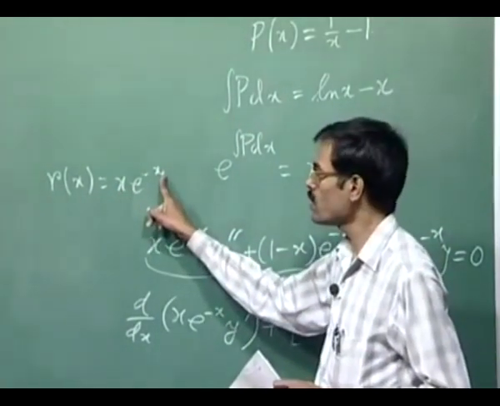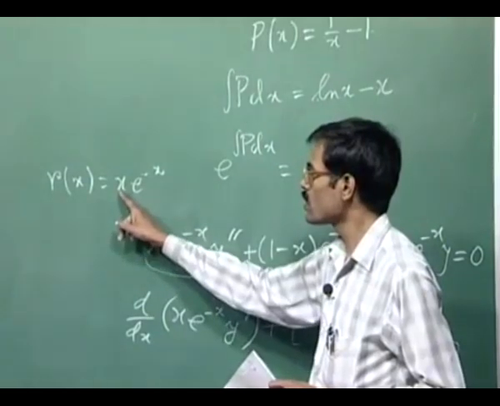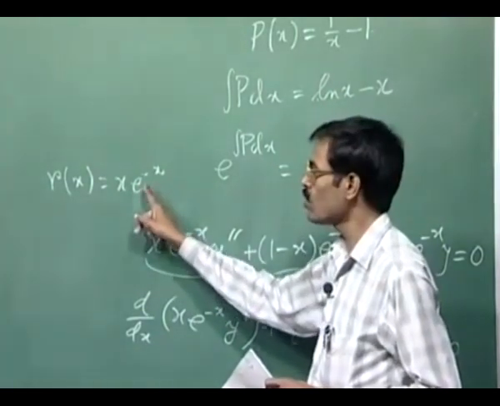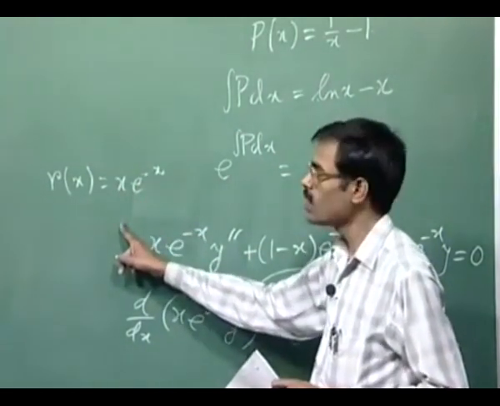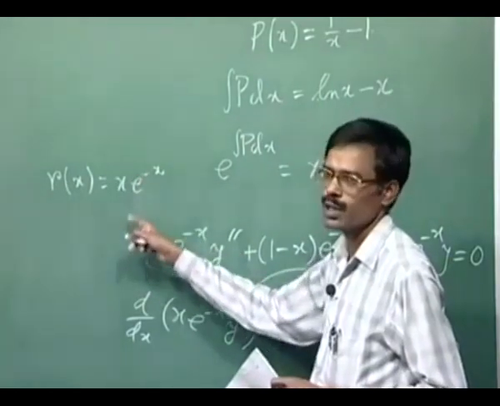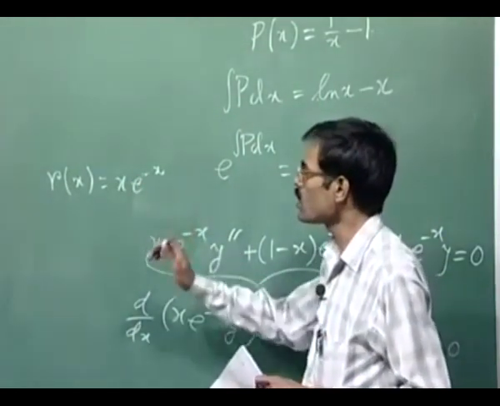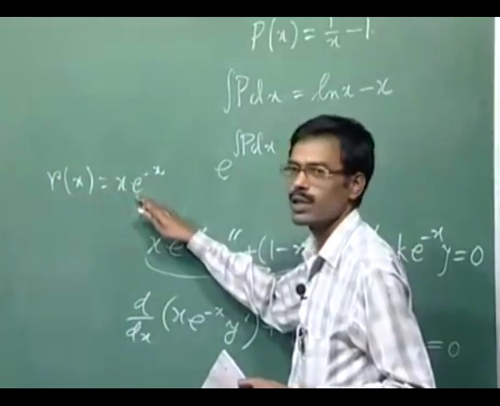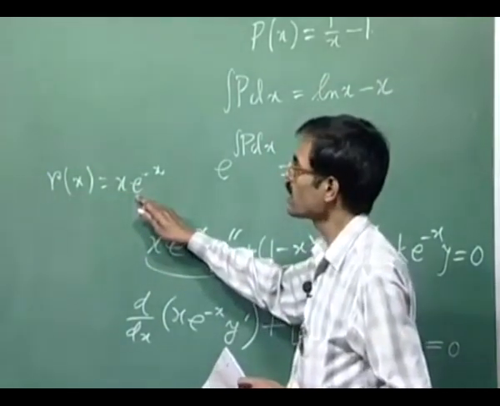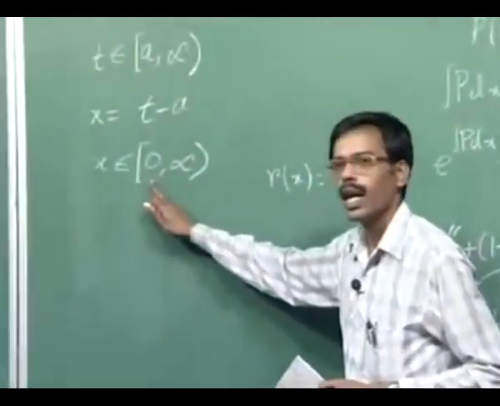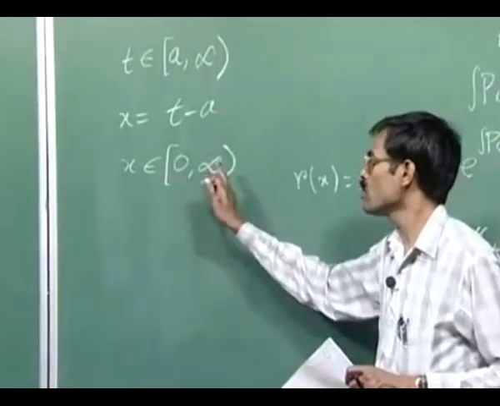At x equal to infinity, you will find that you have got infinity into 0 or infinity by infinity form, but you can verify that its limit will be 0. So, this function r x is 0 at x equal to 0, and in the limit it is 0 at x equal to infinity also.